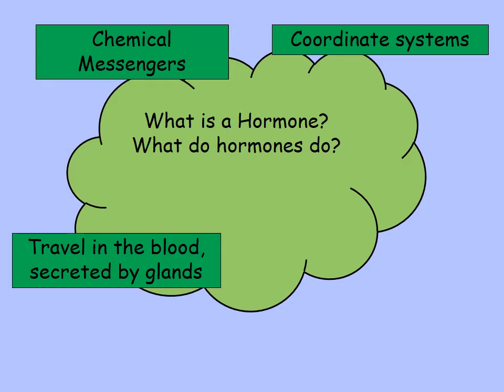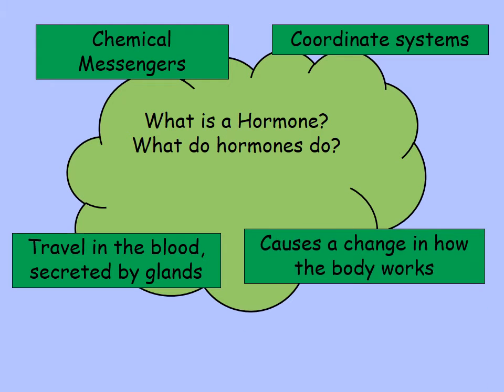They get produced, or secreted, by glands of the endocrine system, so endocrine glands we call those, and they travel in the blood from where they are produced to where they have their action, and they will cause a change in how the body works. So again, this is all linked into our homeostasis bit from before. And remember, homeostasis is about the maintenance of a constant internal environment.